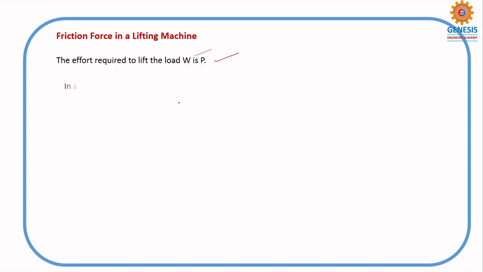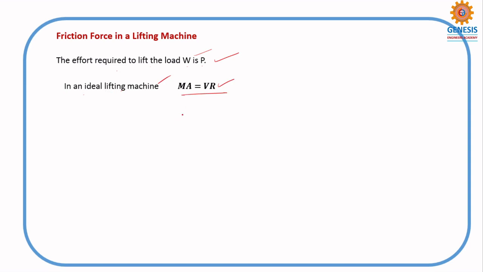Now, I will solve friction force in lifting machine. So far that is being discussed: friction force. So what is the friction force in lifting machine? The effort required to lift the load W is P, that we know. In an ideal lifting machine, mechanical advantage is equal to velocity ratio.